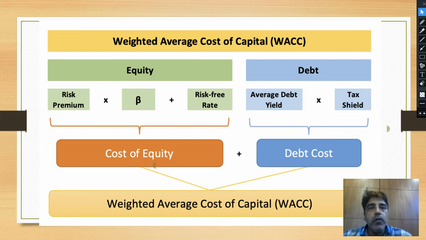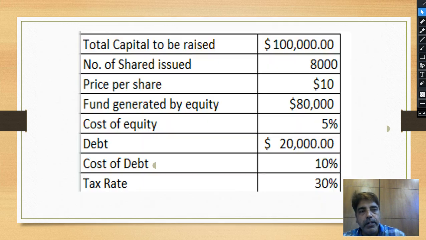As far as the cost of debt is concerned, it is required to know the average debt yield and the tax shield also. As I mentioned here, the tax shield is 30%. In the next session, we will consider the elements of the WACC and how the WACC is calculated.